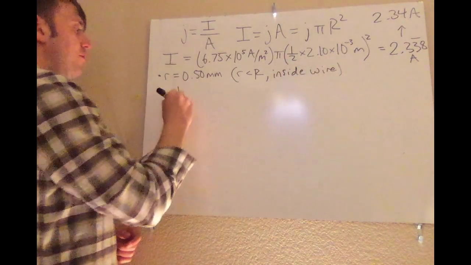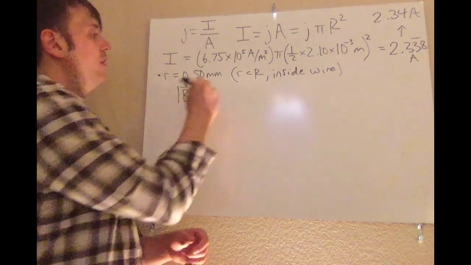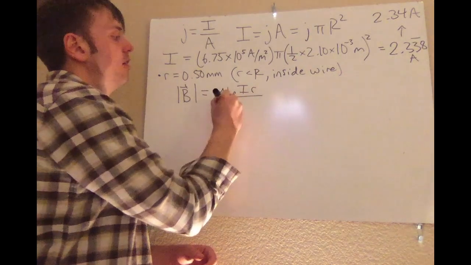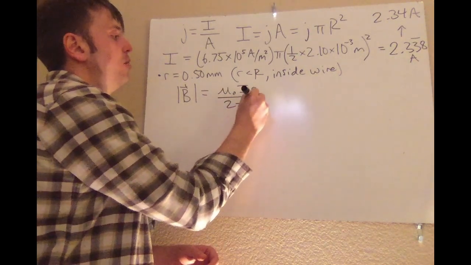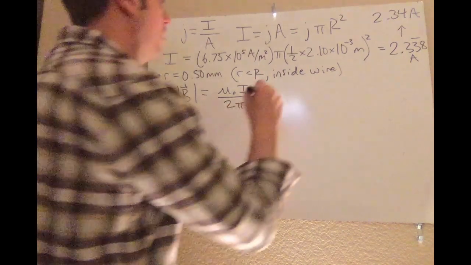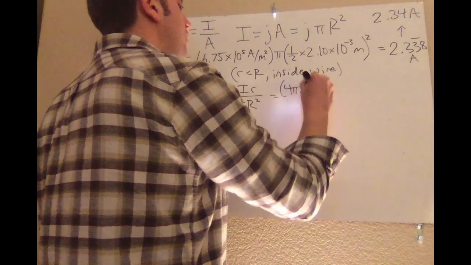Which means the formula for magnetic field that we're going to use is this one. It's mu naught times I times little r divided by 2 pi times big R squared. That's what we need to calculate. Well, in this case, what we have for mu naught is 4 pi 10 to the minus 7.